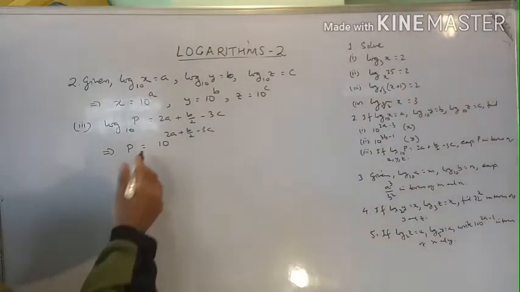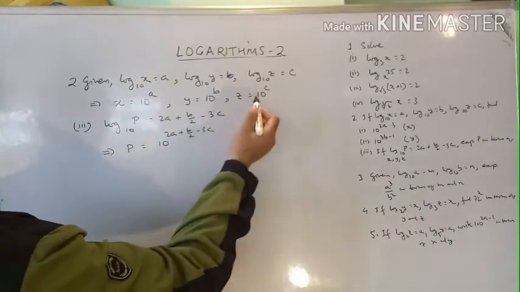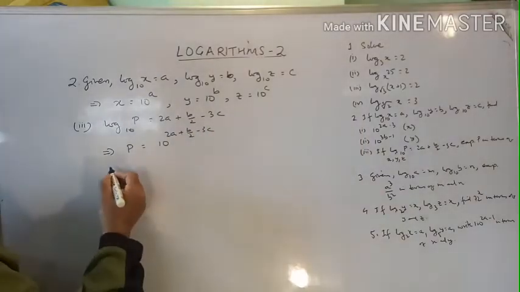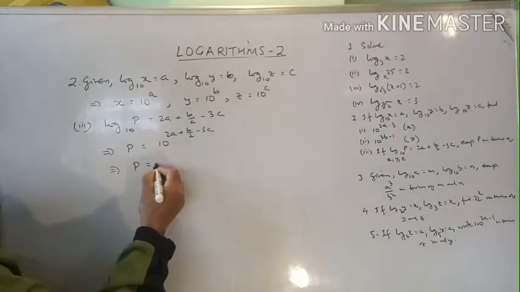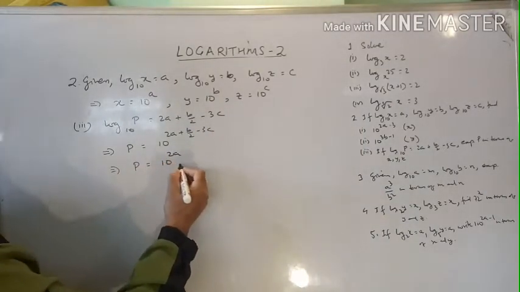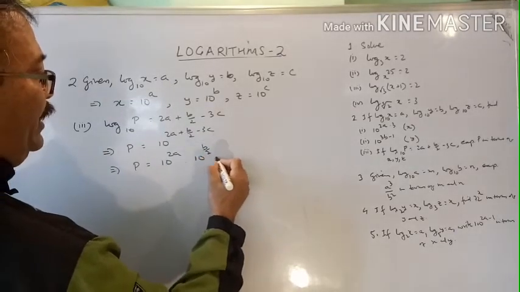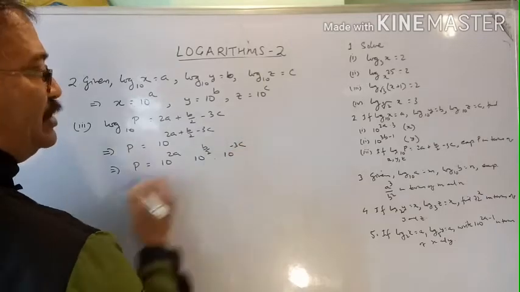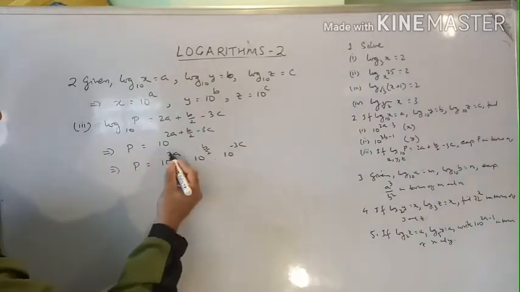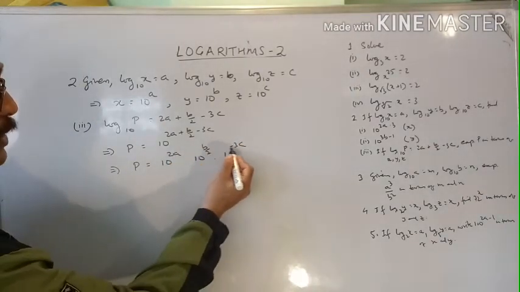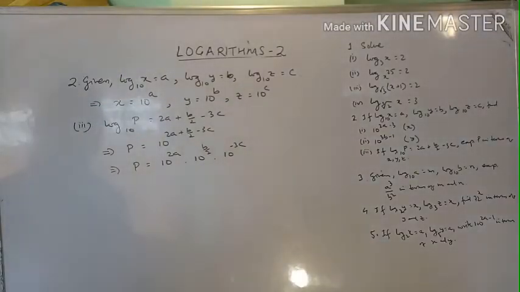So now since you know the value of 10 to the power a, 10 to the power b and 10 to the power c, we'll separate this power. So p is equal to, you write 10 to the power 2a into 10 to the power b by 2 into 10 to the power minus 3c. You see, when you multiply this will be 2a plus b by 2 minus 3c as it is given.